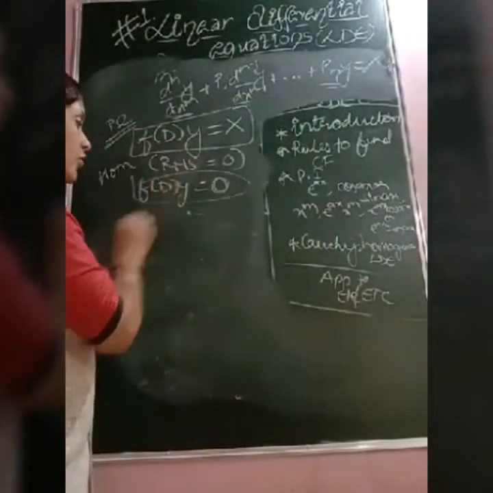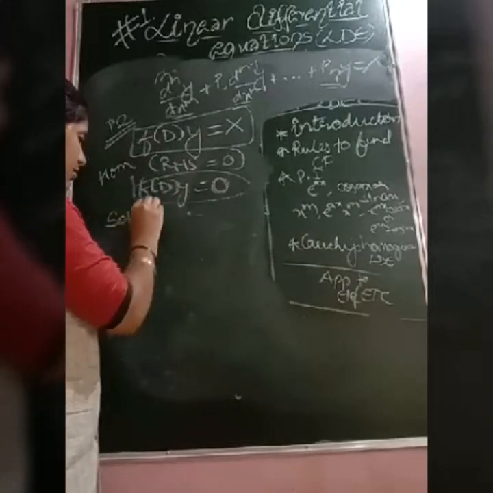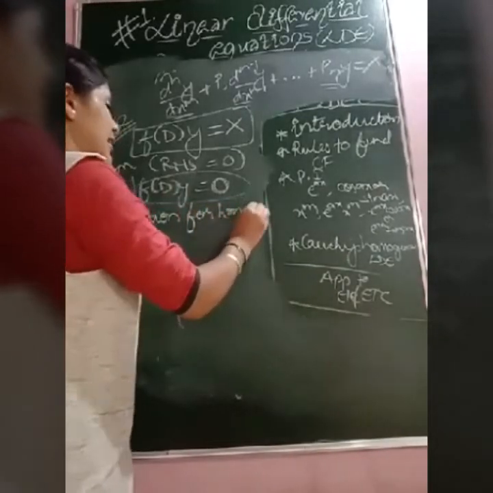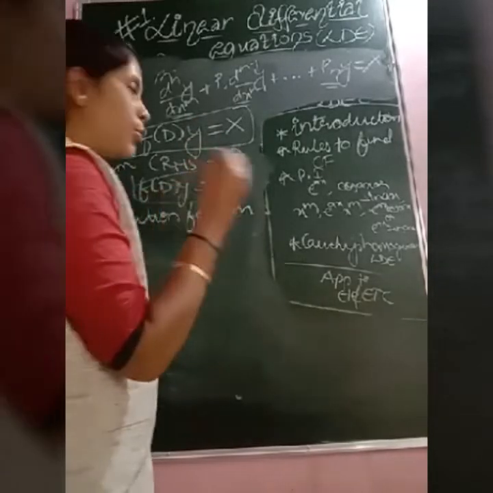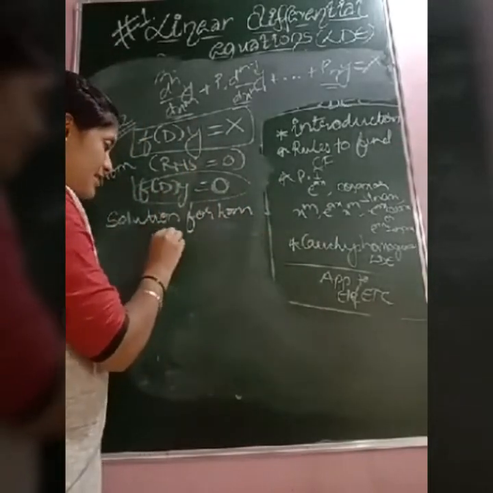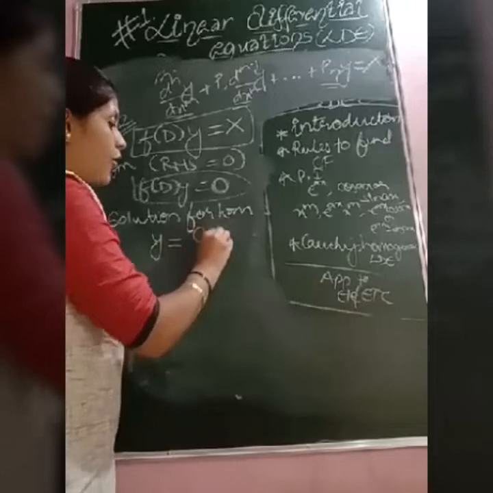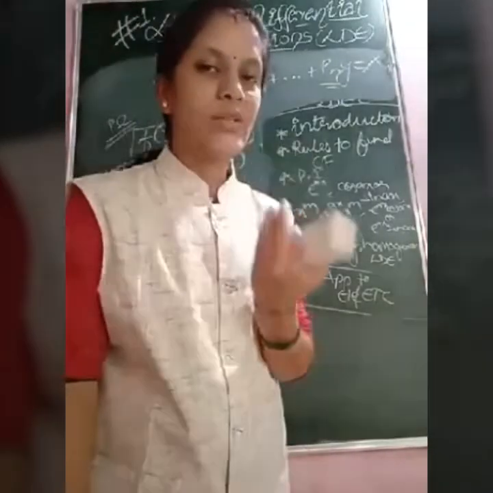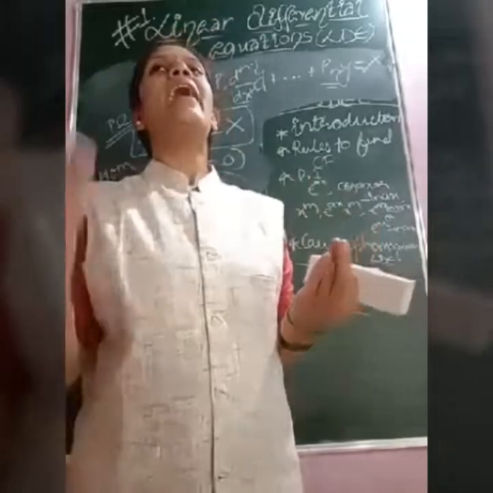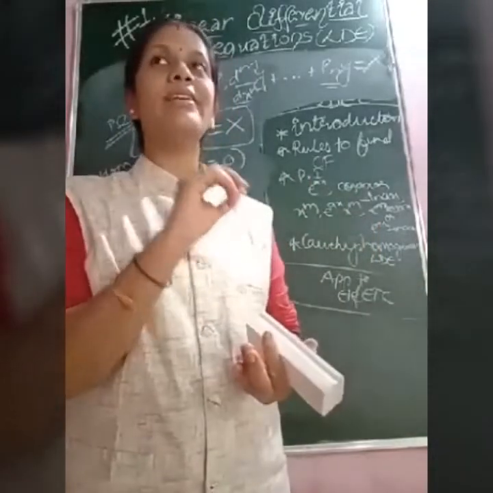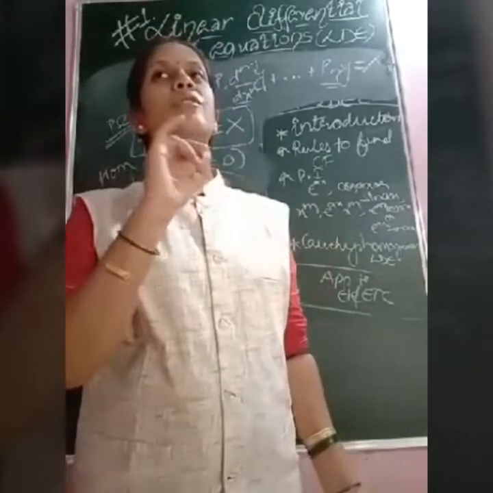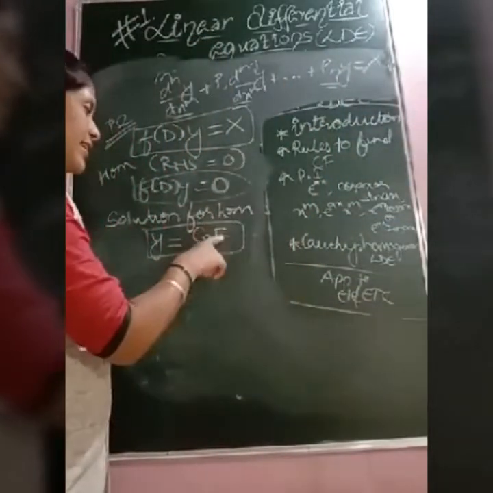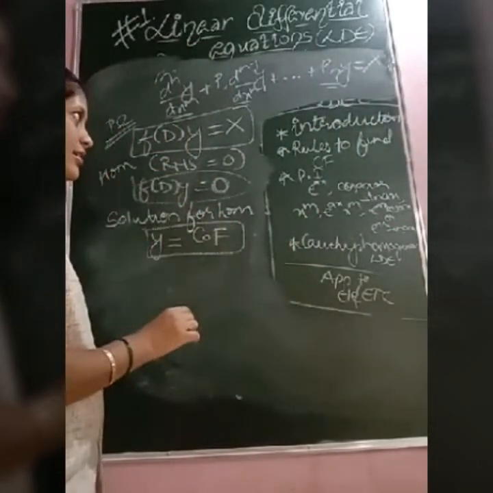The solution for homogeneous is the solution in the form of y equal to the complementary function. When the RHS value is 0, it is known as homogeneous, and at that time the complete or general solution is y equal to CF, the complementary function.